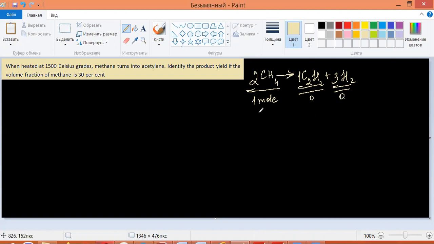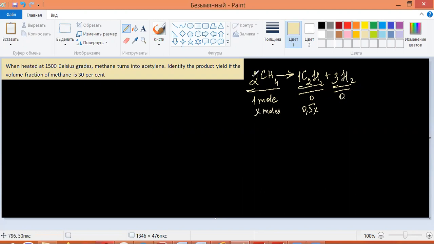Throughout the process, as the chemical reaction progressed, X moles of methane turned into C2H2, right? And so 0.5 X moles of C2H2 formed. Why?